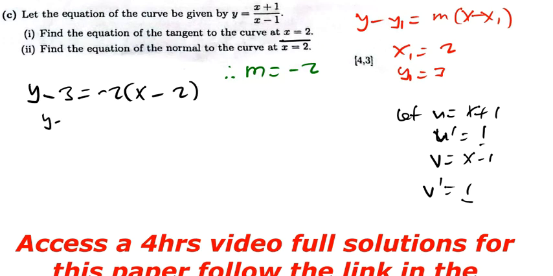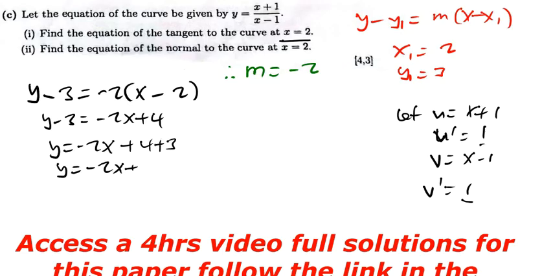So you do y minus 3 equals negative 2x plus 4, shift this to the other side, y will be equal to negative 2x plus 4 plus 3. So y will be equal to negative 2x plus 7. So negative 2x plus 7 is my equation of the tangent.